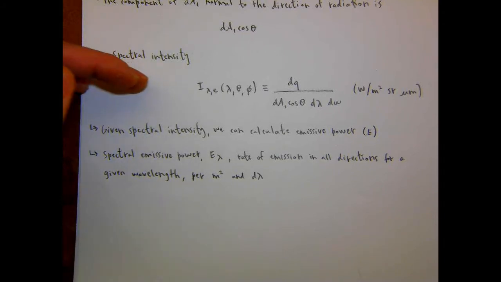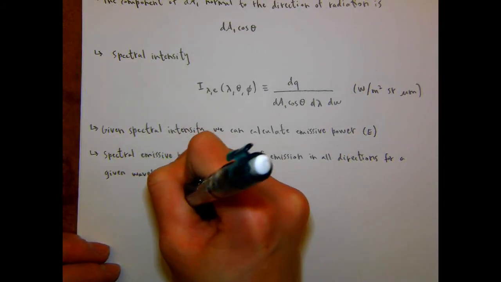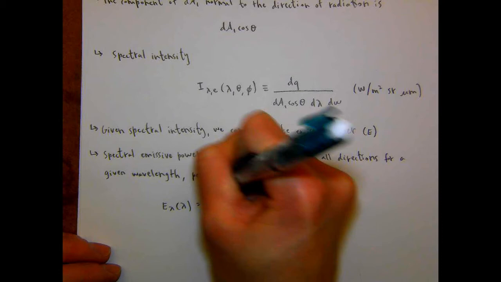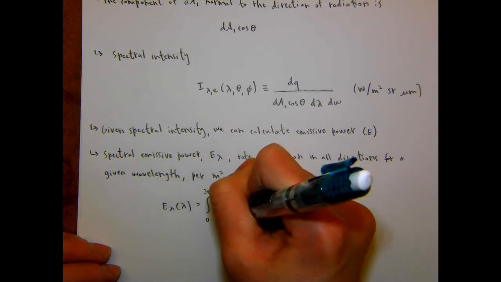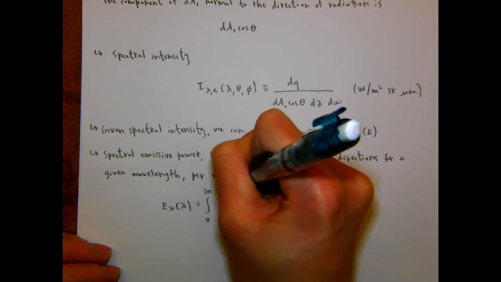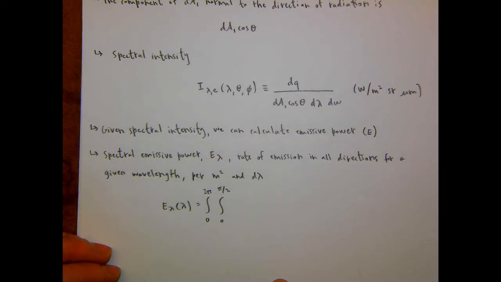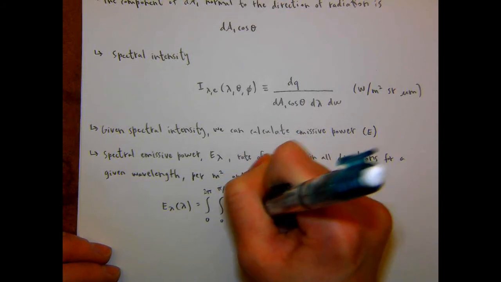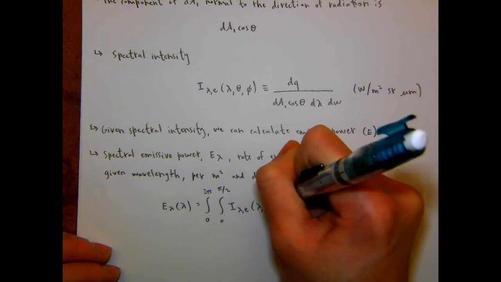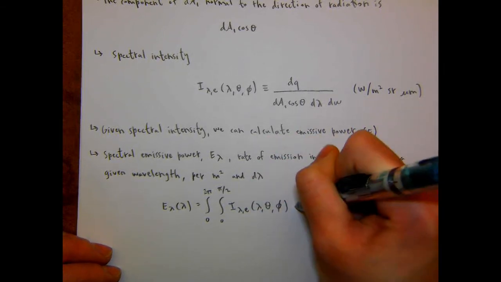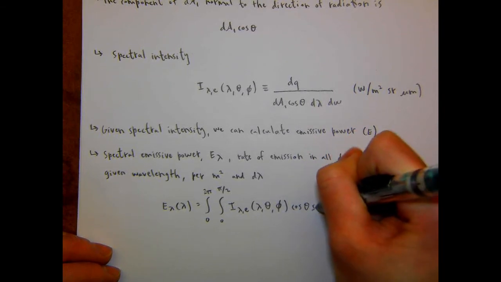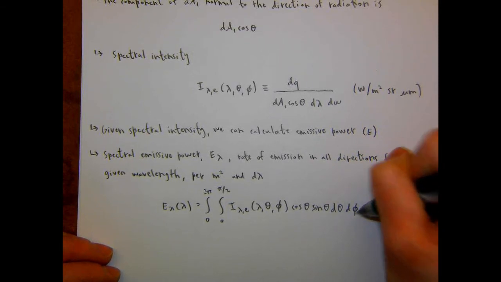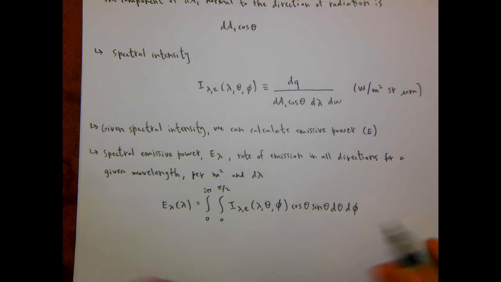So basically just taking the spectral intensity, integrating up over the directions. So we still have a function of wavelength, but no longer a function of direction. So we showed earlier to integrate up over the angles that define a hemisphere, we go from 0 to 2 pi and 0 to pi over 2. And then integrate the spectral intensity and then integrating up over the area.